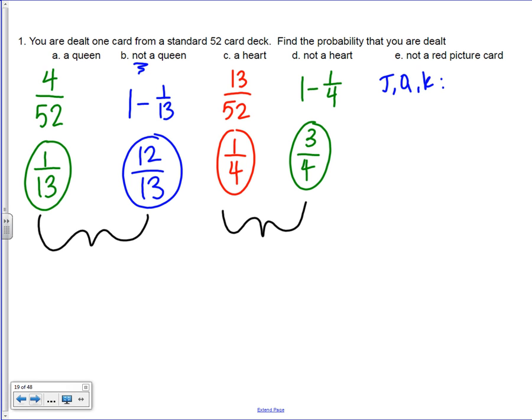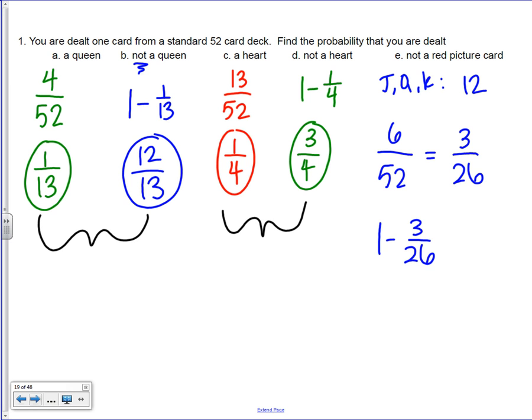There's 4 of each of those, so that means there's 12 of them. But I only want the red ones. Half are red, half are black. So that means I have 6 possible red picture cards out of 52. If you reduce that, you get 3 out of 26. That's the probability that I will get a red picture card. I want the probability that I will not get that.